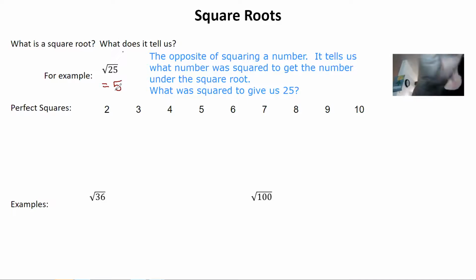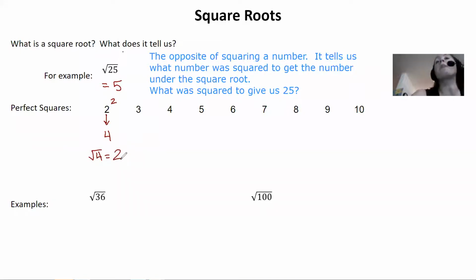So our perfect squares are things that you guys should know. So think about trying to memorize these if you can. If not, it's okay. You'll get it eventually. No big deal. Perfect squares are when you take each of these numbers and square them. So 2 squared gives us 4, and that means the square root of 4 is 2.